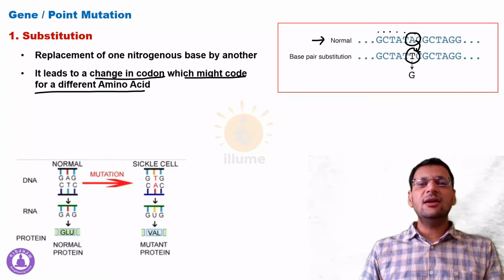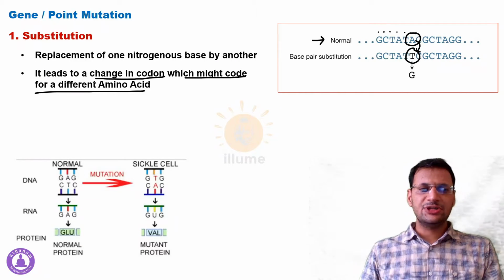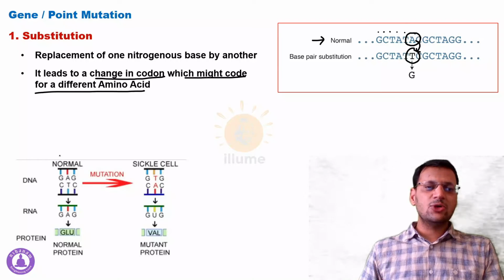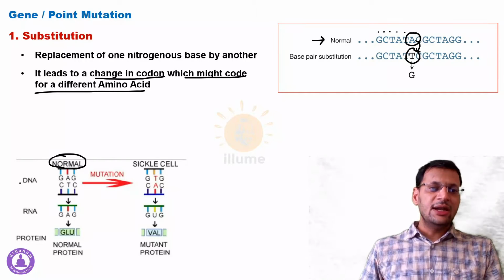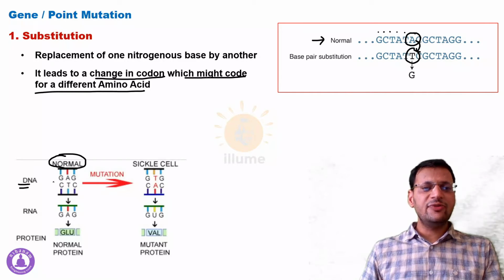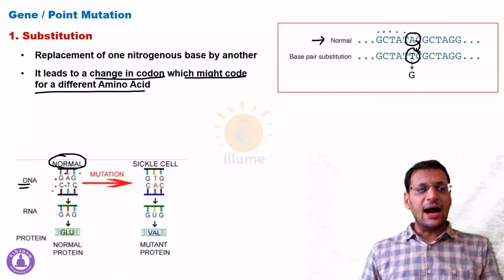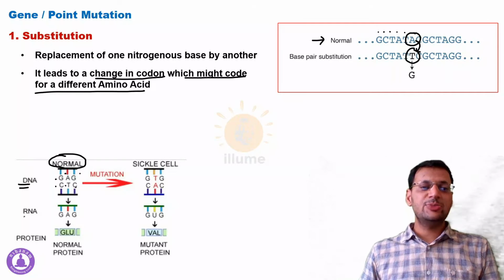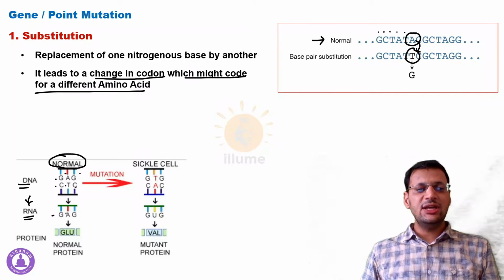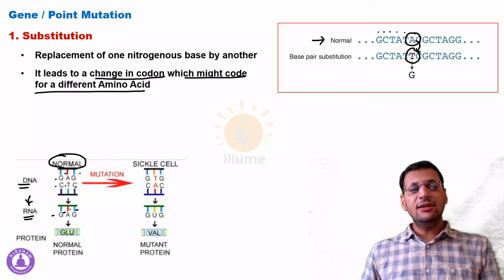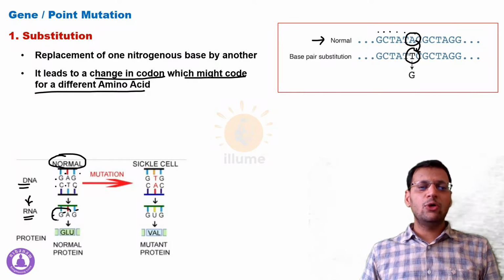Let's look at the very classical example of a substitution mutation. In this case, we are first talking about the normal case. DNA has got the sequence of nitrogenous bases as GAG and CTC on the complementary strand. The RNA that is produced by this sequence of DNA reads out as GAG, and this GAG we all know codes for an amino acid called glutamine.